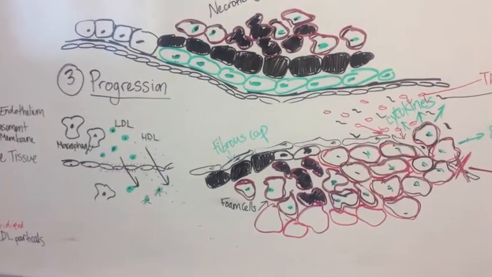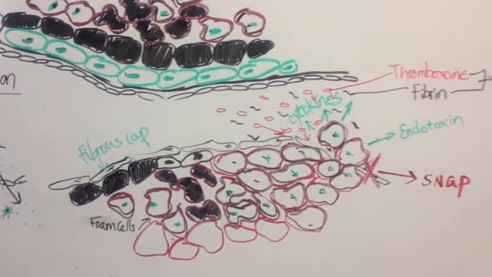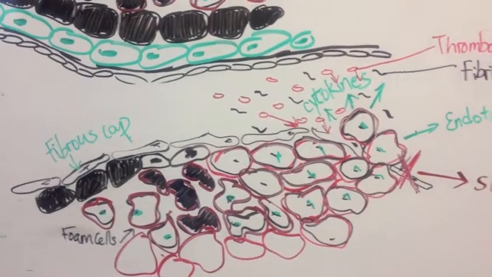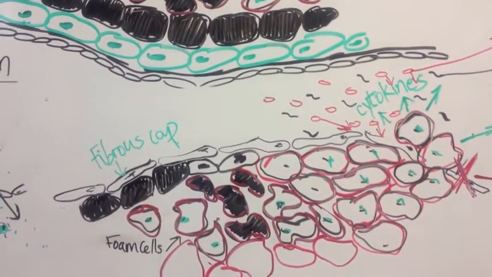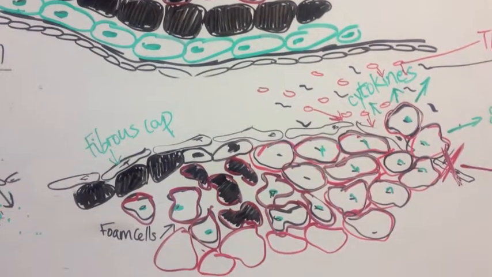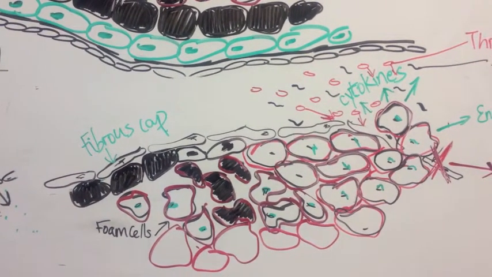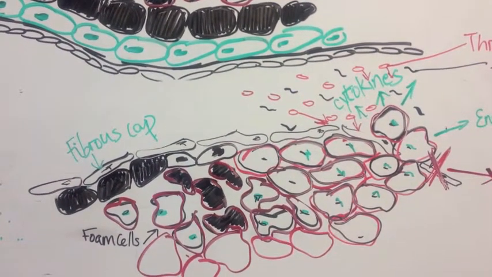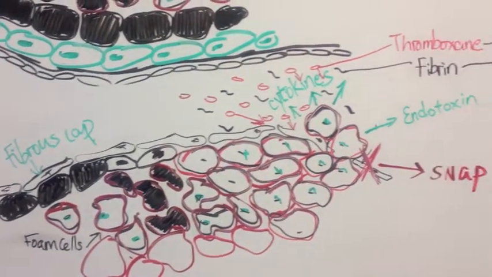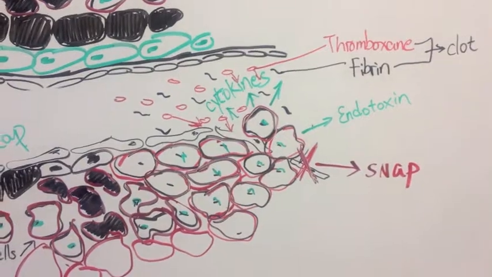In stage 3, the fibrous cap eventually becomes so thin because the necrotic core is very enlarged with dying cells, and the smooth muscle cells cannot migrate fast enough to form osteoclasts to protect the necrotic core, and there's a break in the endothelium.